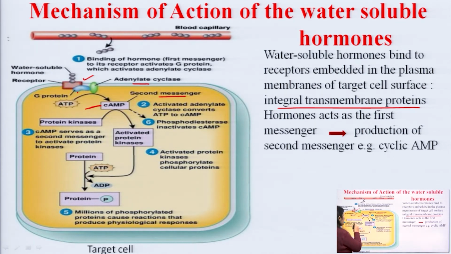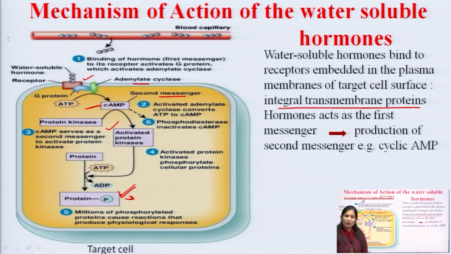How? This cyclic AMP acts as the second messenger to activate the protein kinase enzyme. This protein kinase enzyme causes phosphorylation of the various cellular proteins, and these phosphorylated proteins ultimately produce the action of water soluble hormones.